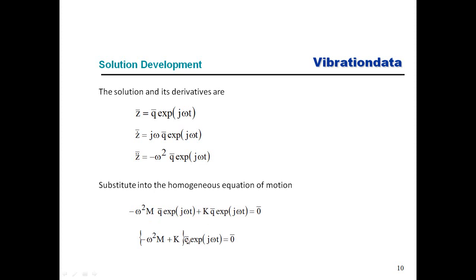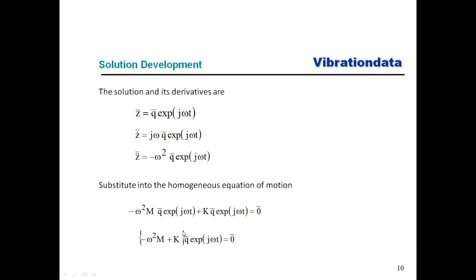So we can pull out this q bar exponential term with its argument. And in this term inside the curly brackets here, we have minus omega squared M plus K. And this, for our example, this mass matrix will be 2 by 2, as well as stiffness will be a 2 by 2 matrix.